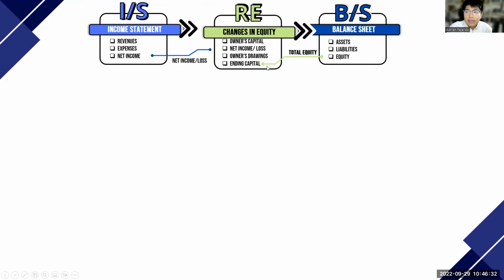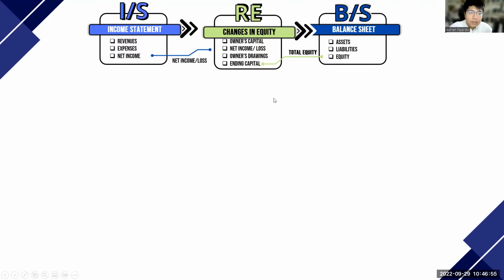The ending capital is then carried over to our total equity, or ending capital, reflected in our balance sheet. So like I mentioned, you can treat most of the accounts under the income statement and changes in equity as your temporary accounts, and your balance sheet as your permanent accounts.